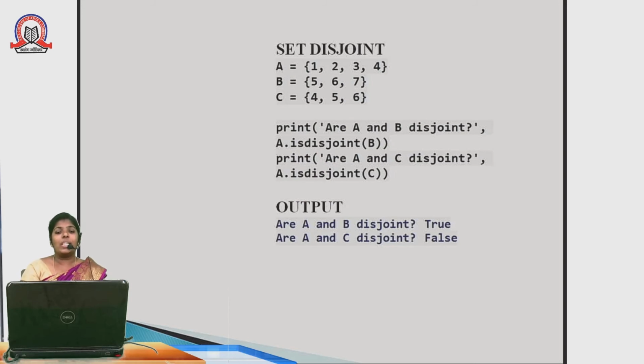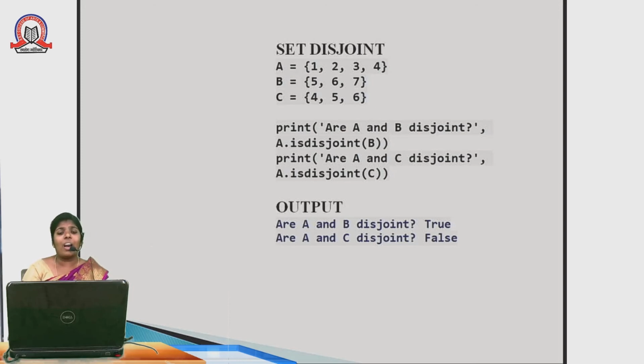Now disjoint. In the disjoint it will write either true or false. For example, the first one, print are A and B disjoint. A dot is disjoint B is true, because see here in A 1 2 3 4, in B 5 6 7. So there is no common element. If there is no common element between two sets, then it will write true.